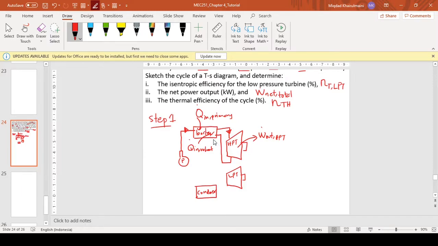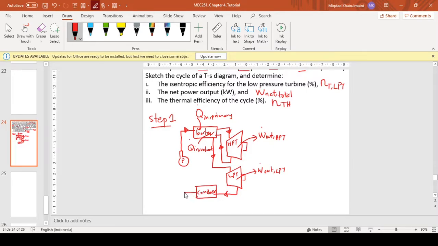And then it exits the boiler again and it enters the low pressure turbine. So here's the low pressure turbine. So it will produce a work output, and then it exits the low pressure turbine and enters the condenser, where heat is removed until it becomes saturated liquid.